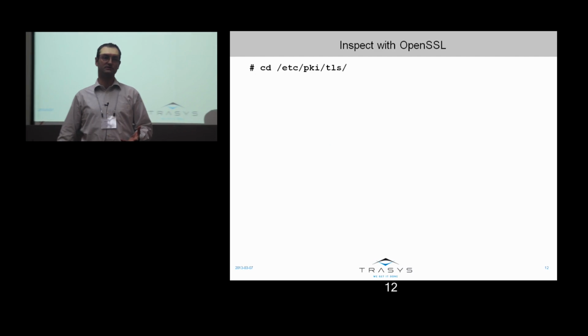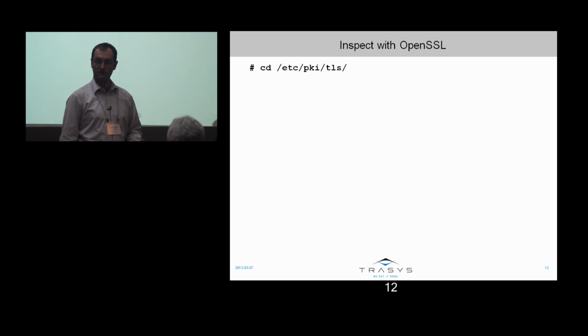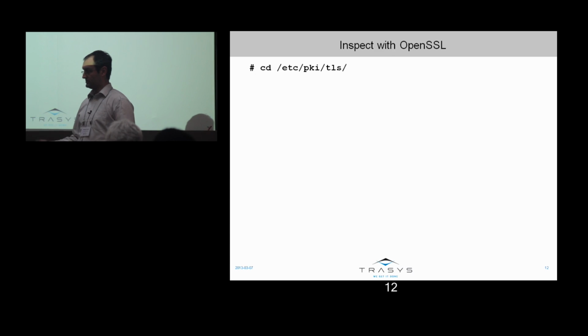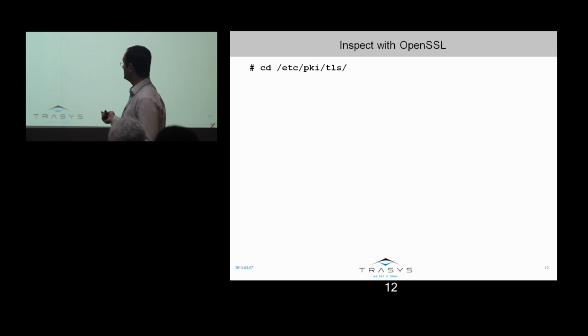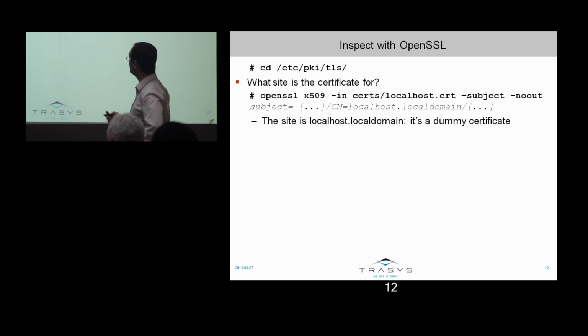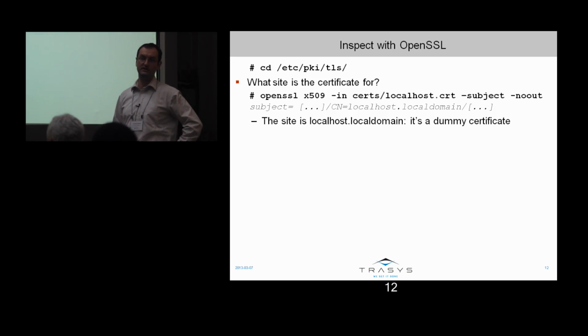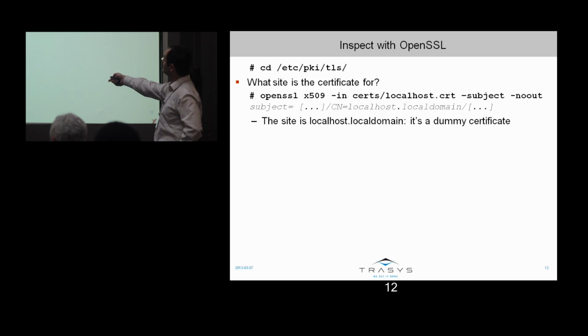So let's inspect a little bit those certificates that were dropped there by mod_ssl with the OpenSSL command. We change directory to a place under which they are stored, and first we are going to run an OpenSSL command to see what website the certificate is for. So as you have probably guessed, the subcommand is x509, and we indicate the certificate with the -in option.